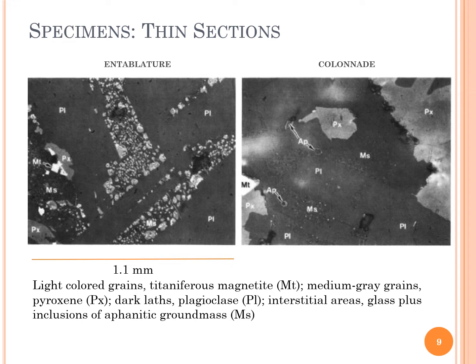Here, they're abbreviated identifications of some of the mineral components as identified by mineralogists looking at these thin sections: the light-colored grains being the titaniferous magnetite, MT, magnetite oftentimes being a black mineral that shows up in many igneous rocks, some medium grain pyroxenes, some plagioclase feldspars, and some volcanic glass in a fine grain groundmass, all labeled there by the various abbreviations, that show quite a bit of variation here between the entablature and the colonnade in thin section.